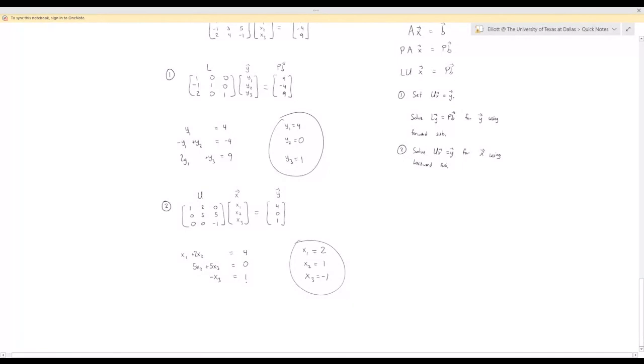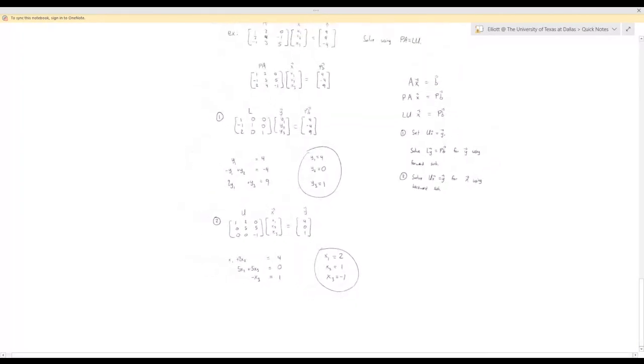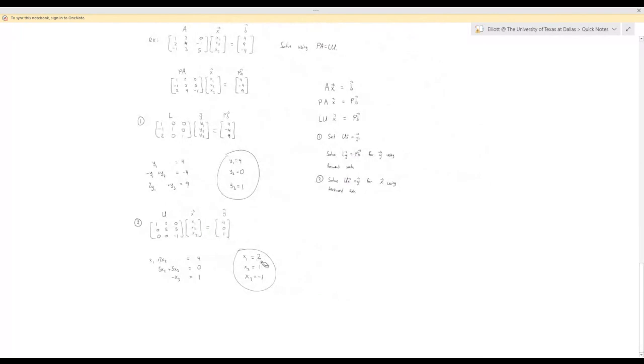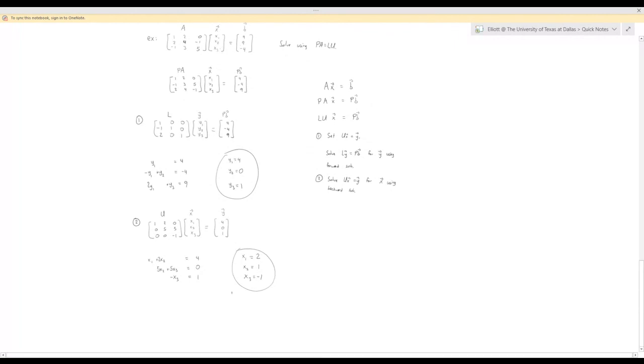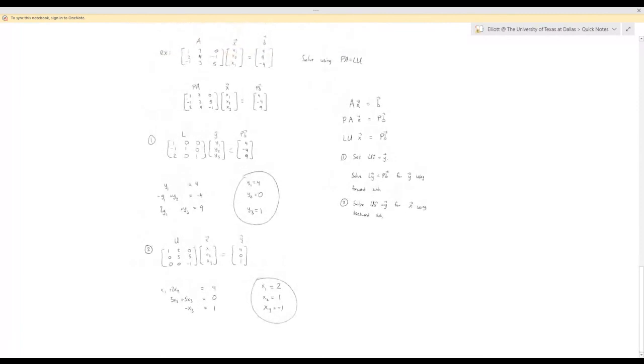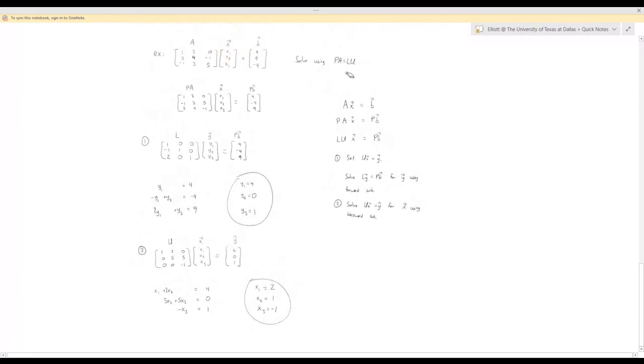And then you can confirm that this is a solution to the original system of equations up here. So that's a way of solving a system of equations using the PA equals LU factorization.